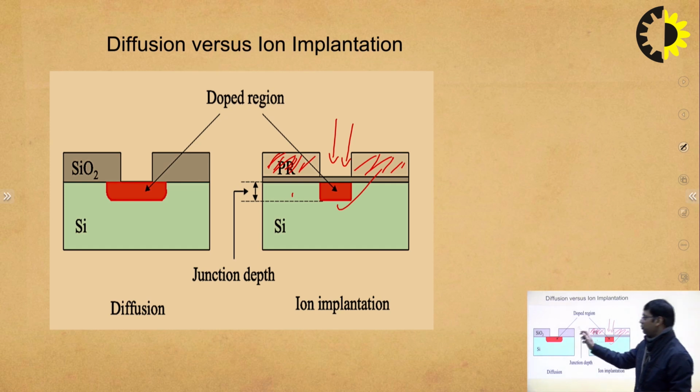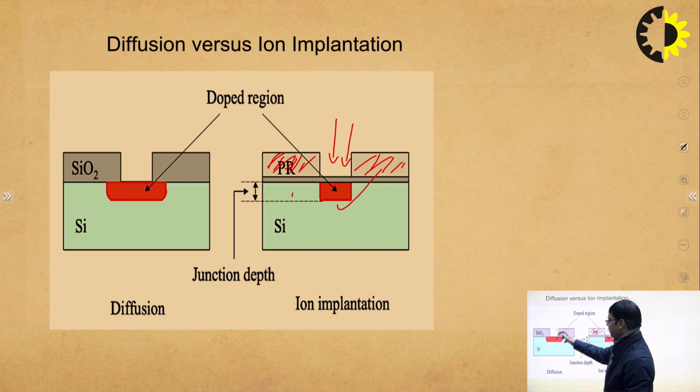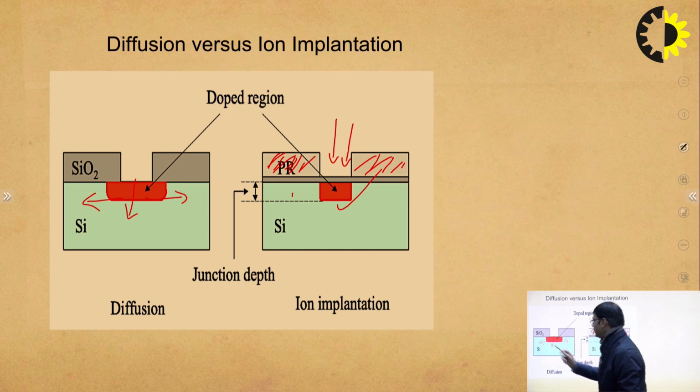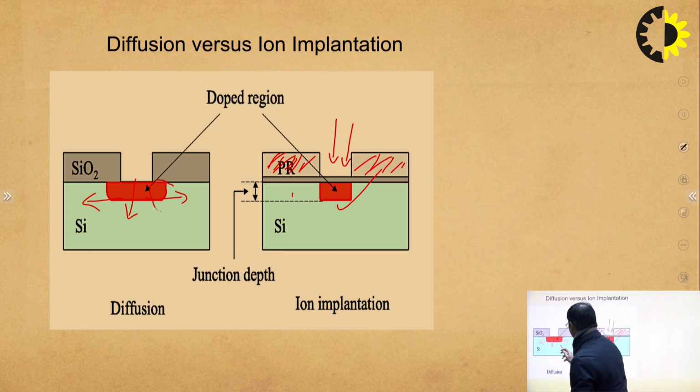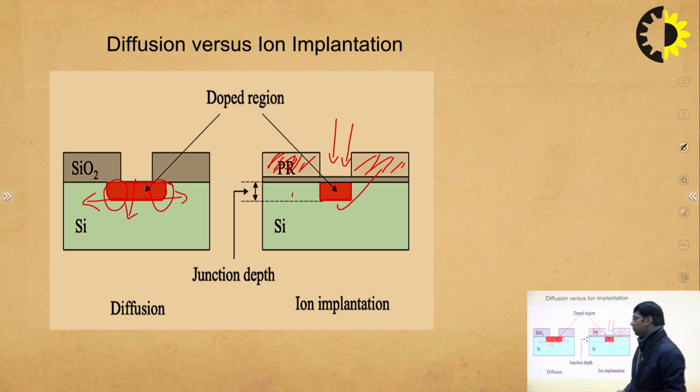Whereas in case of diffusion, we can see when due to concentration gradient, dopants move from surface to the bulk of the wafer, the dopants move vertically as well as horizontally, laterally. So, this is undesired area. We do not want dopant here in this area beneath the silicon dioxide and PR photoresist layer.